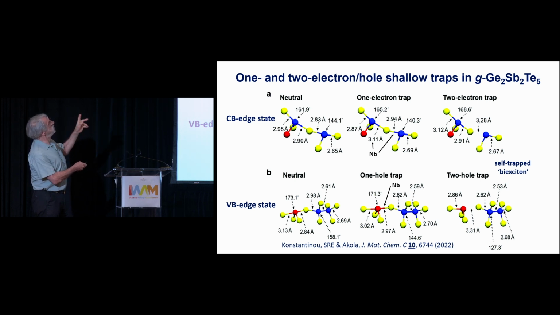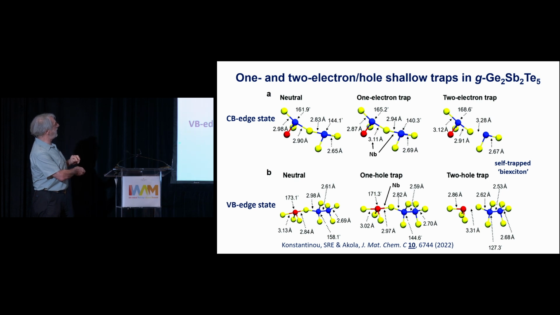So LUMO, basically, the lowest unoccupied state. And this electron is trapped in this region here, and you can see this bond here has got a bit longer, and you send another electron in, so it's a 2-electron trap, and you should break this bond, right? So 2 electrons break a bond here.